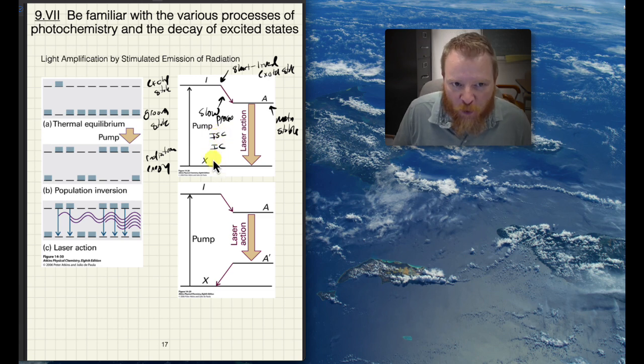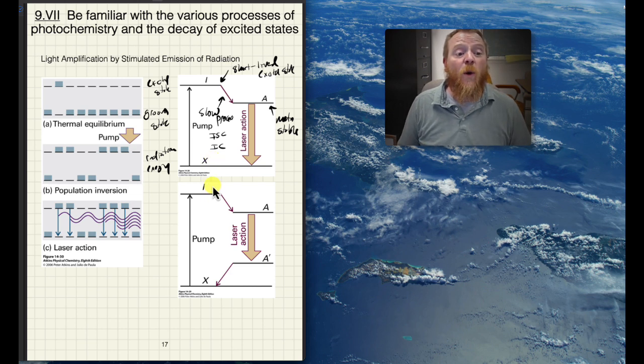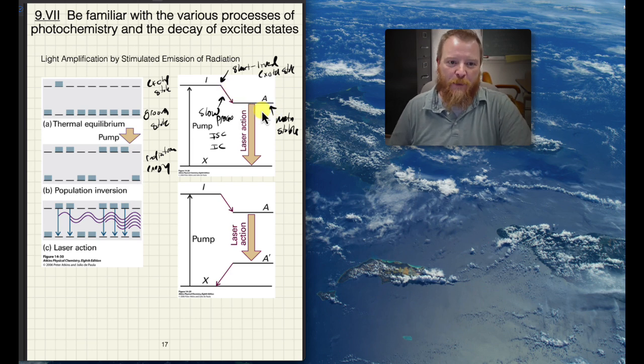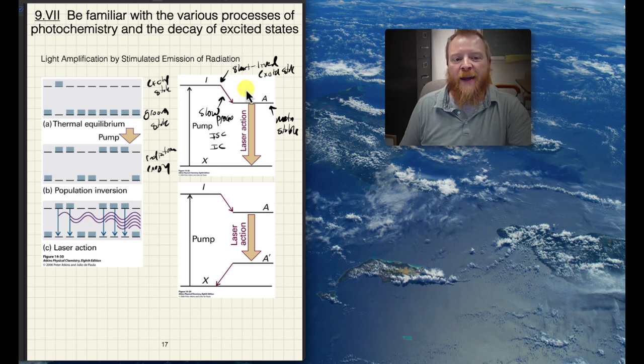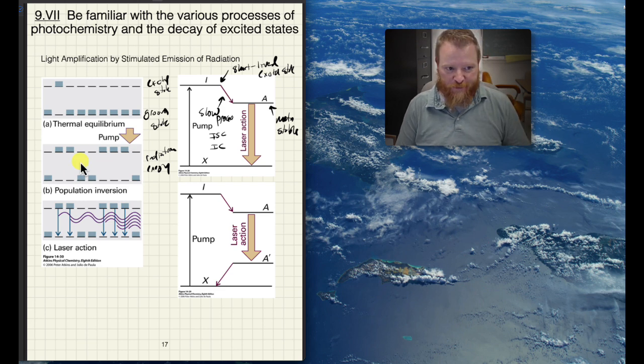So what that does is it creates a population inversion. We get some very fast process that takes it up to here, and some very slow process that brings us to a metastable state. So we'll get a lot of molecules in our upper-lying excited state compared to our lower-lying ground state. That's this population inversion.